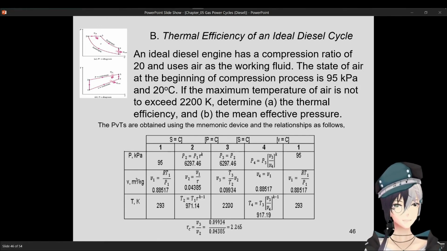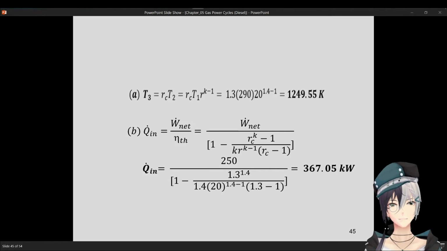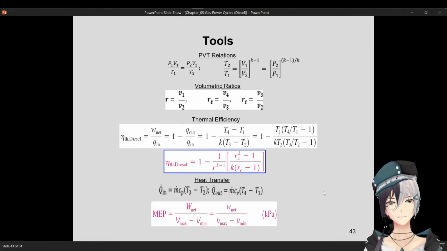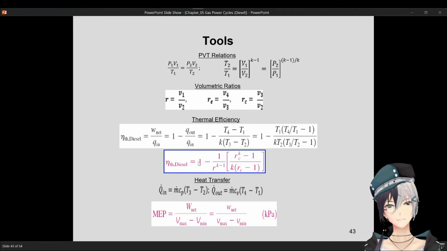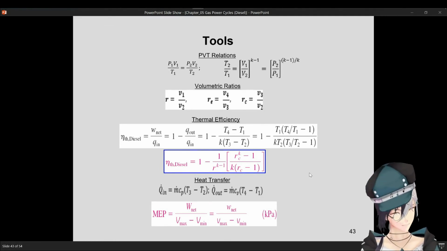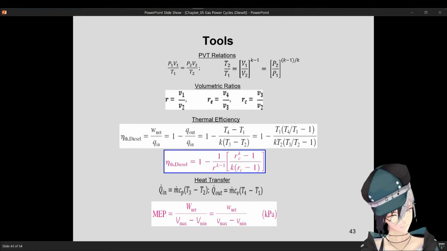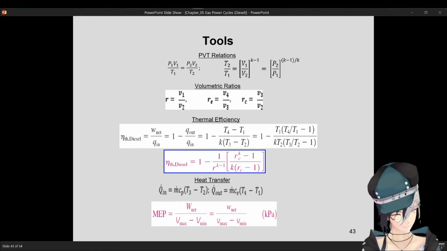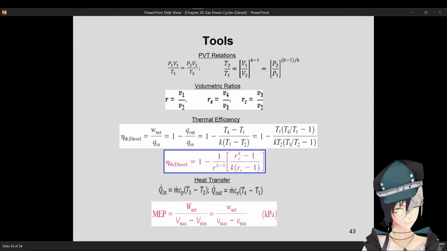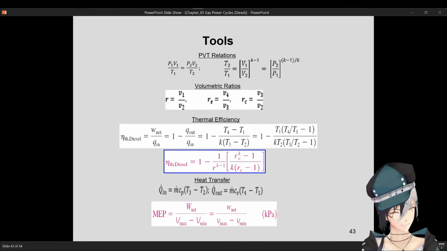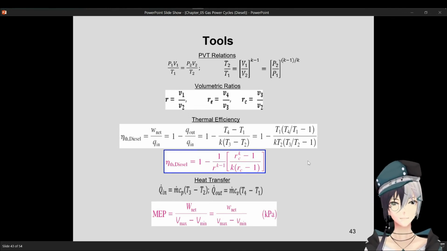Let me show you again the formula. So in terms of R and R sub C for the thermal efficiency, that is 1 minus 1 over R to the K minus 1, times R sub C to the K minus 1, over K times R sub C minus 1. So take note, this R to the K minus 1 is different from here.